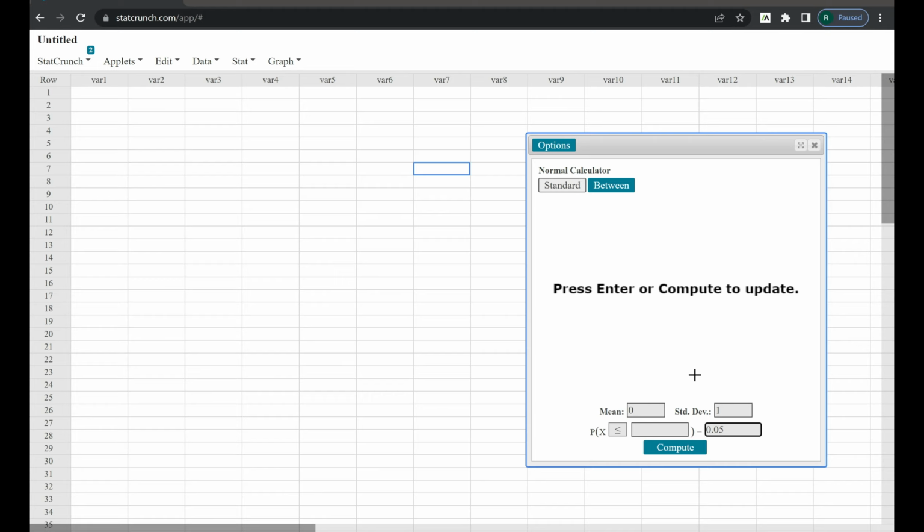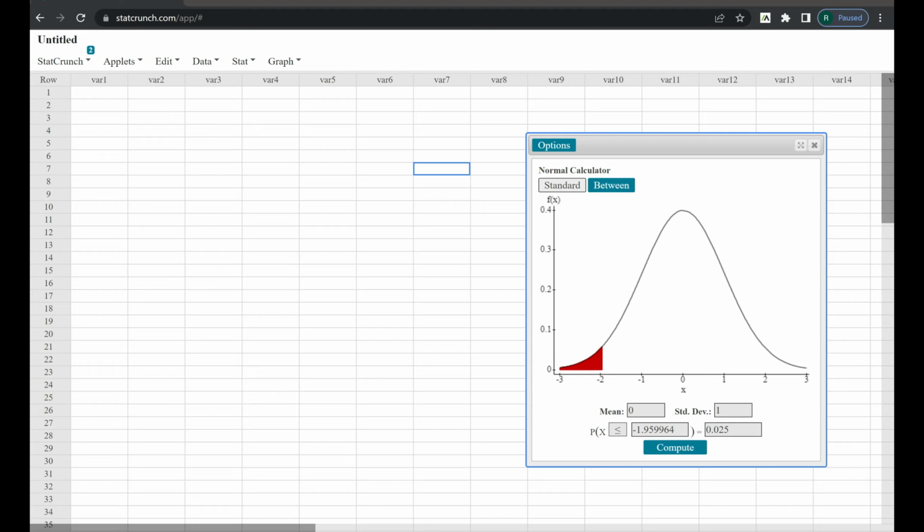So that 0.05, our alpha value, we cut that in half. So that becomes 0.025. I enter 0.025 because I'm cutting that in half, and I know the standard normal curve is symmetrical, so one side will be 0.025, the other side will be 0.025. Then we can click compute, and I get negative 1.96.